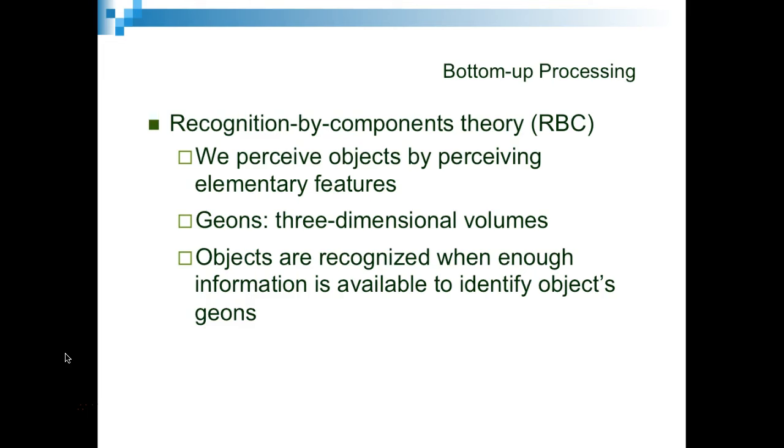What I mean by feature-like is that objects can be broken down into basic geons. The other thing that you have to understand about recognition by components theory is that this is a bottom-up theory. That might be confusing because you certainly need experience in the world to get basic geons.